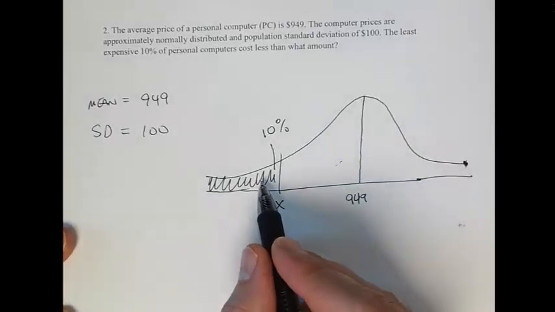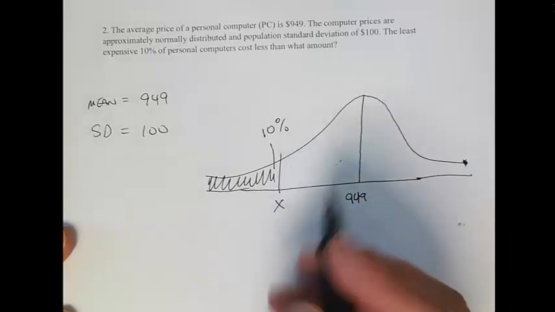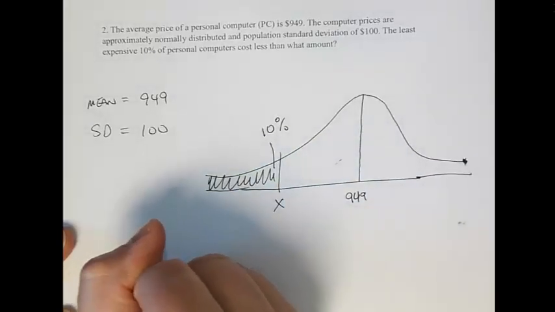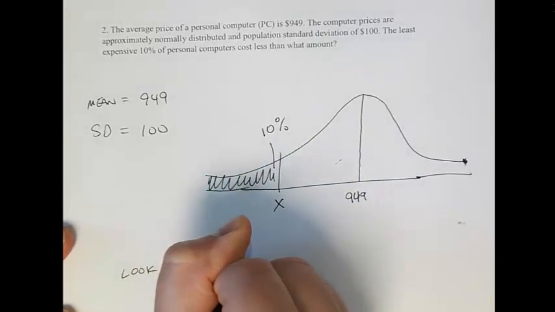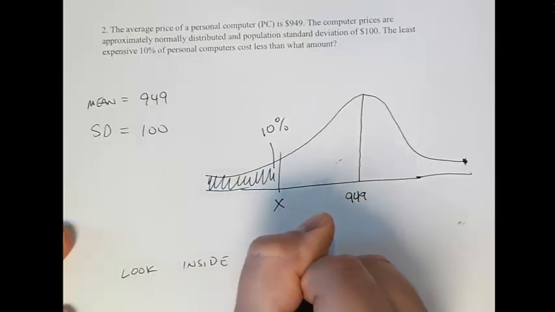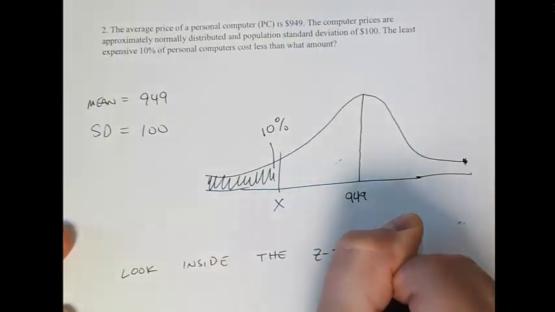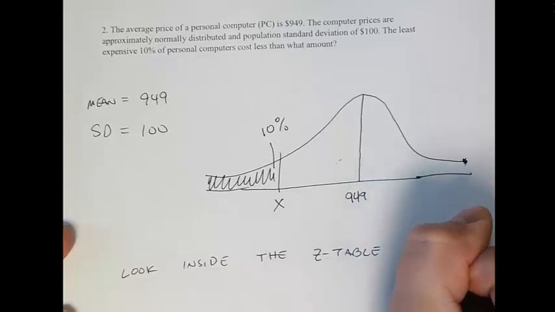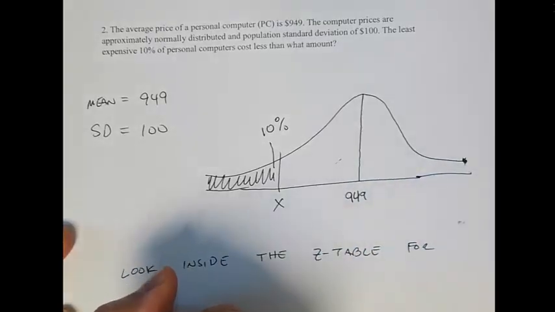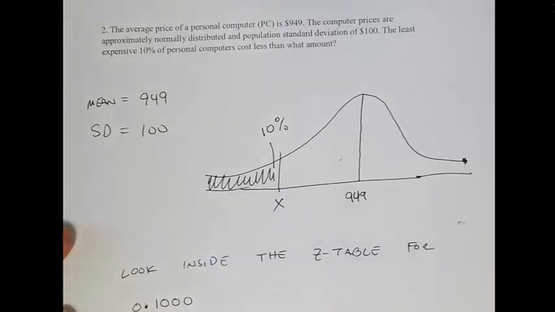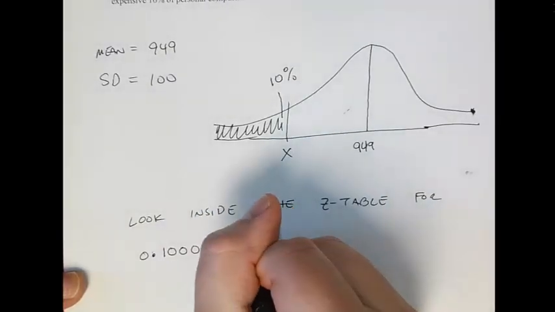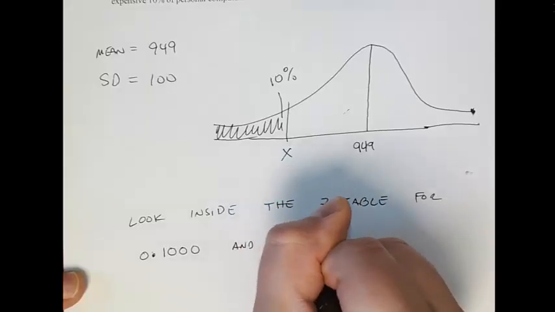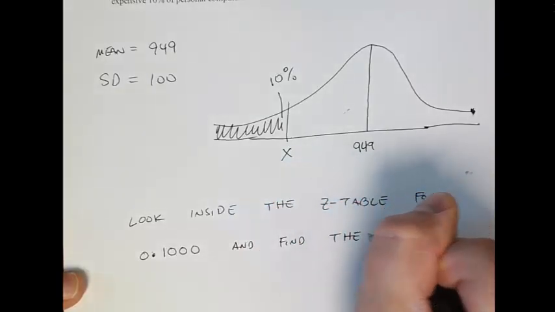Now this means I need to look at the z-table in reverse. I need to look inside the z-table for 0.1000, as close as I can get, and find the z-score.